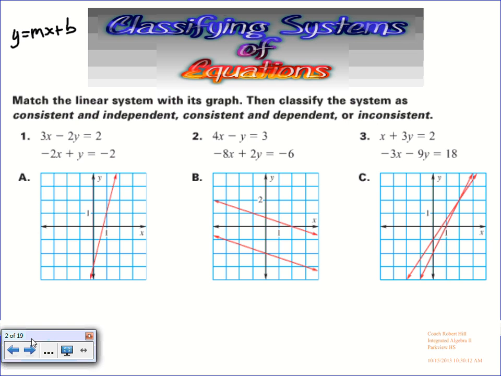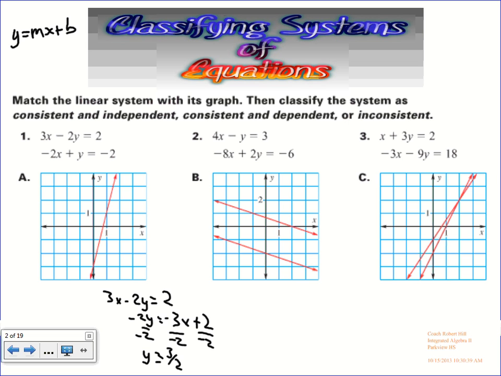So if I were to take the equation 3x minus 2y equals 2 and solve it for y, what would I move? Negative 3x. So I'd say negative 2y equals negative 3x plus 2. Then what would I do? Divide by negative 2. And I would get y equals 3 halves x minus 1. A negative divided by a negative is a positive.